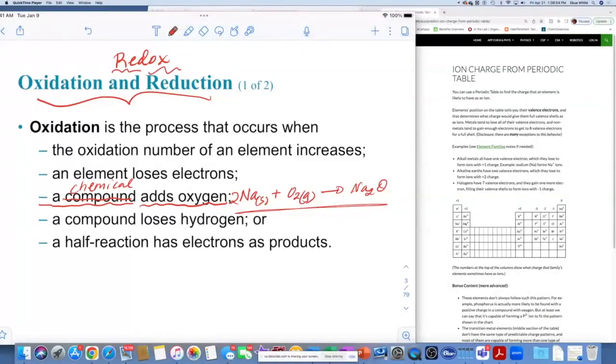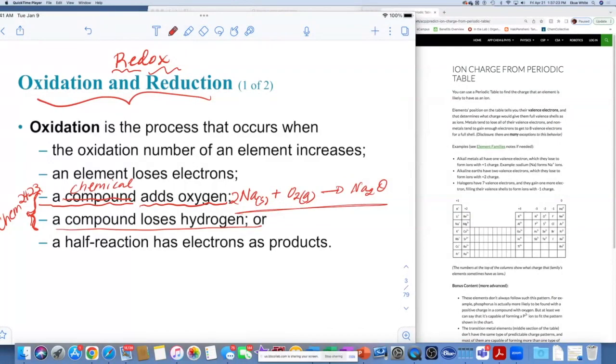And then we're told that oxidation is also a compound losing hydrogen. So if a compound in the chemical reaction has less hydrogen, that will be oxidation also. Now, these two definitions, while we do talk about them, those of you who are going over to organic, that will be Chem 24, 23, you will be focusing on these observations to define oxidation.